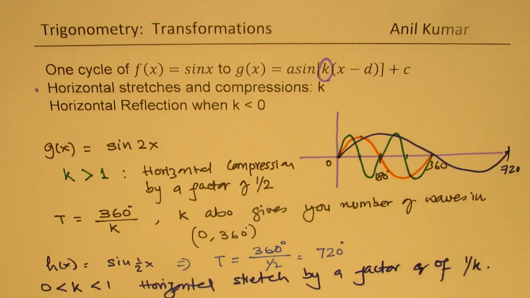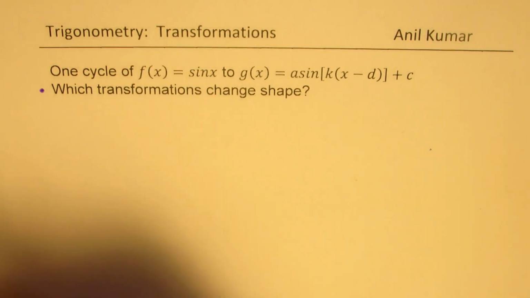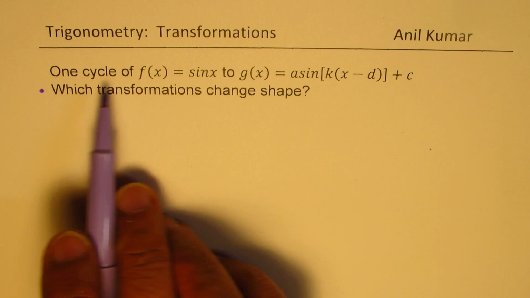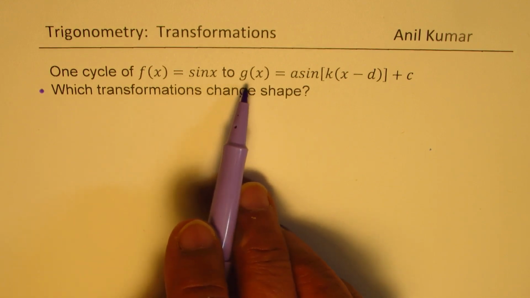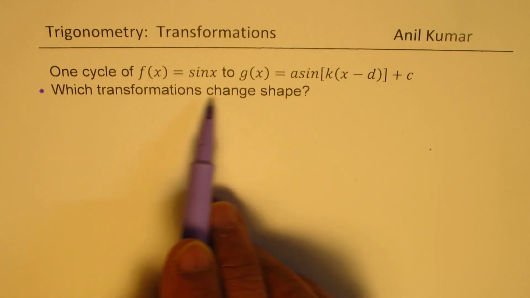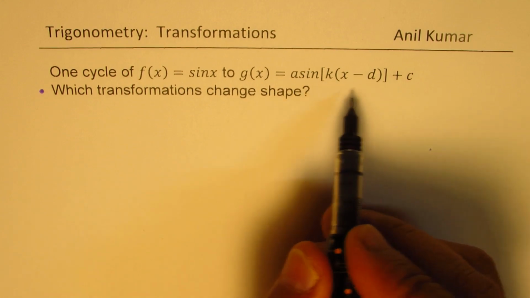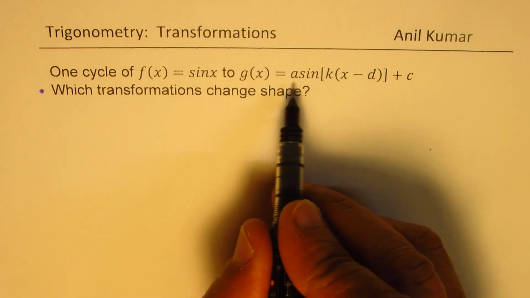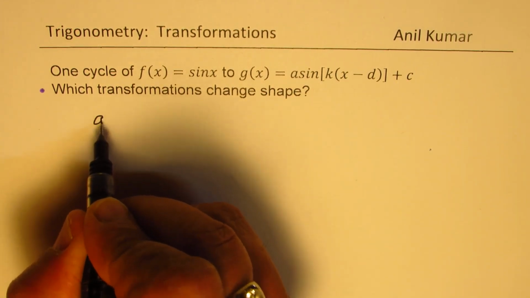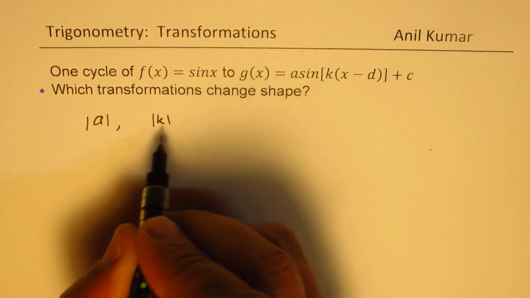Now we are going to combine all this learning and then take up examples. Before that, here is a question for you. One cycle of f of x equals sin x to g of x equals a sin(kx minus d) plus c. Which transformation changes shape? As we have seen earlier, the transformations which change shape are a and k, right?